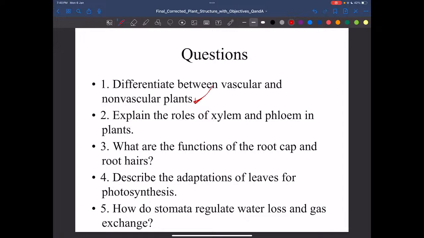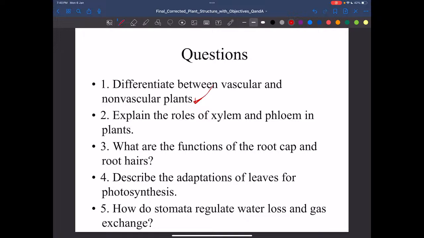So remember, if we're thinking about the external, you're going to think about flat leaves. You're going to think about stomata. You're going to think about the stem protecting the leaves. Okay, anything that's going to increase the surface area for sunlight absorption and protection of the plant to perform photosynthesis.